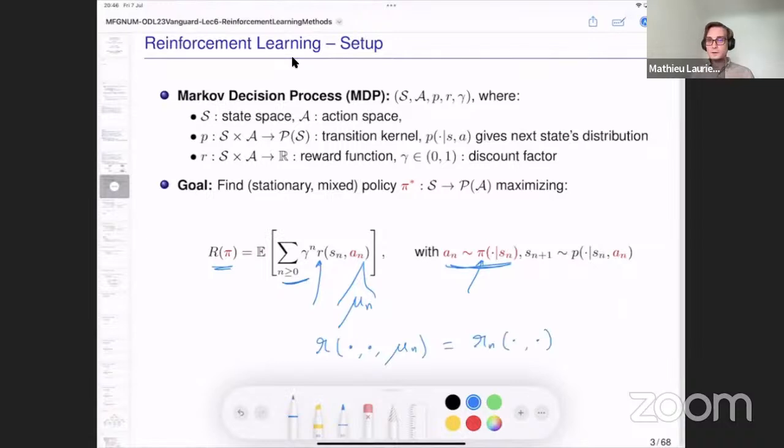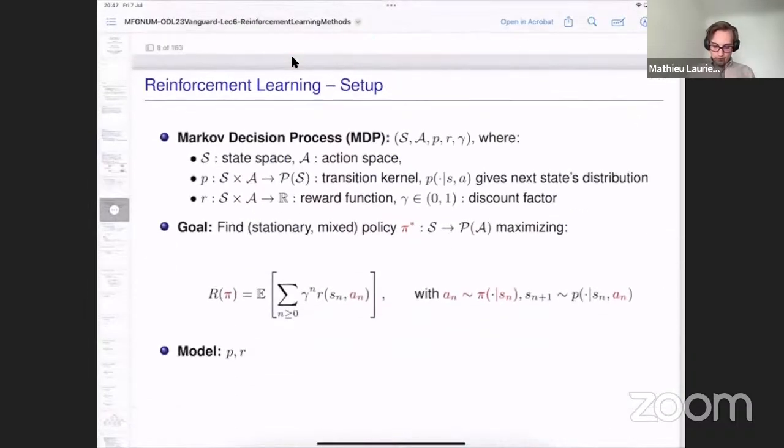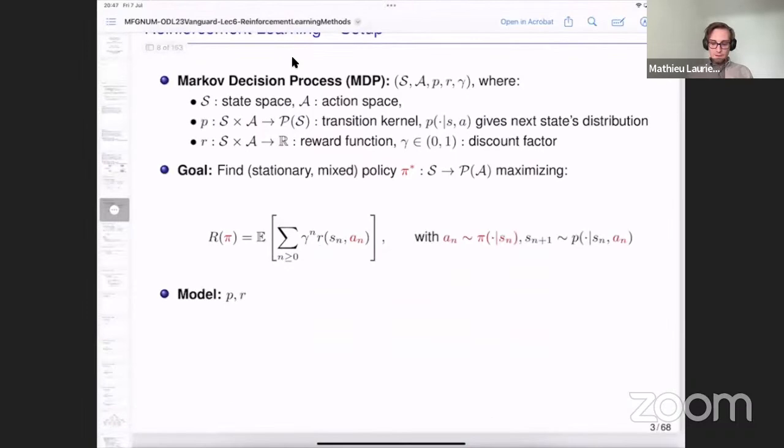So it is not stationary anymore. So if the population moves, then your reward function as a function of your state and your action is going to change. This is not only in mean field game, it's just in games in general. And so this creates some difficulty because the environment is not stationary, and then it's not sufficient in general to look for a stationary policy. Okay, but here I'm anticipating a little bit.